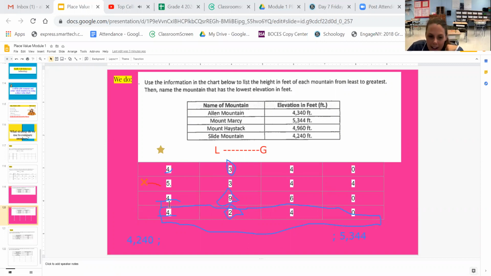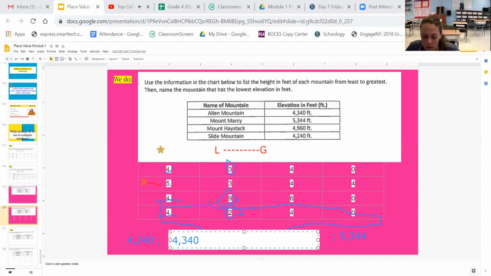So back in the thousands place, they're the same. That doesn't help us. So let's look in our hundreds place. We have a 9 and we have a 3. Which one's smaller? Hopefully you're saying the 3 is smaller. So our next biggest elevation is 4,340. And we're going to do our semicolon so we can list our next one.